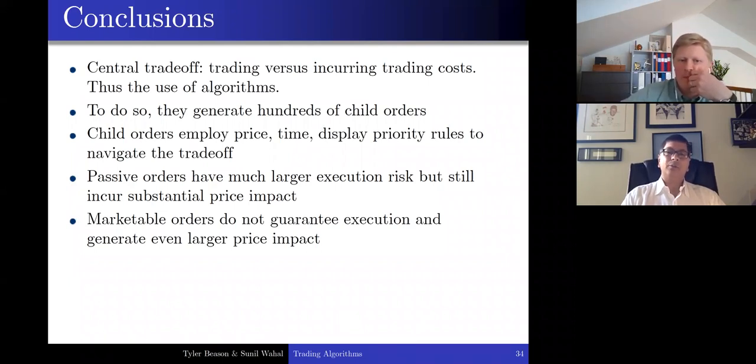Midpoint is a little bit more complicated because it depends on whether the midpoint order is a resting midpoint order or whether it's taking liquidity. You can have a variety of midpoints, and even our data are not comprehensive enough to tell us the variation in midpoints.